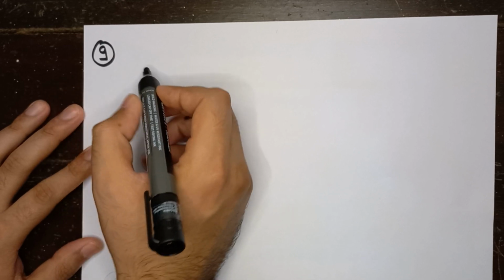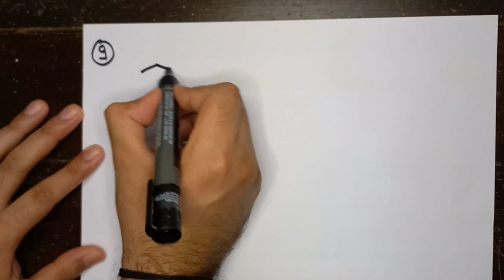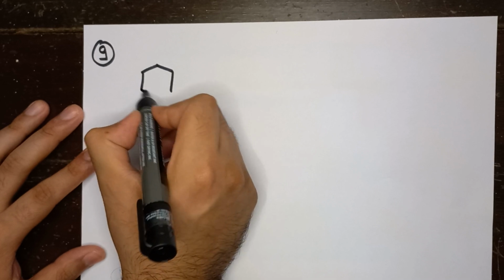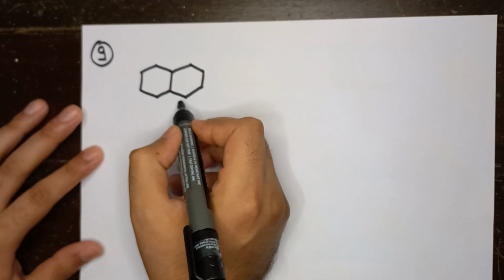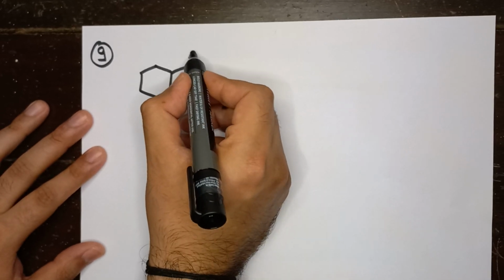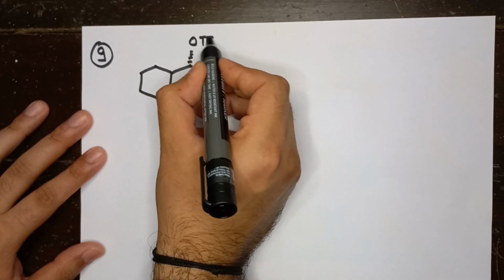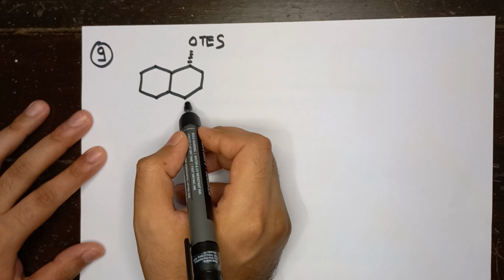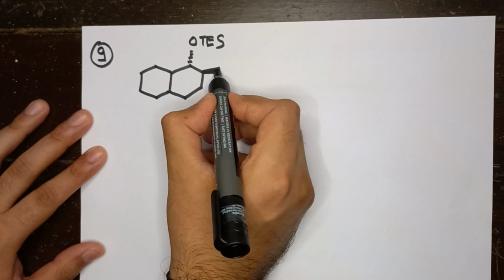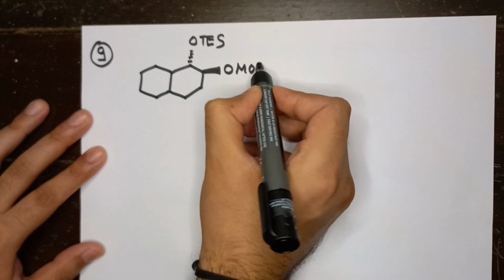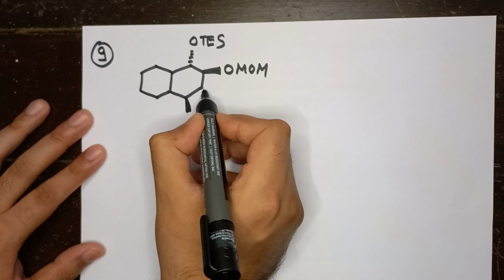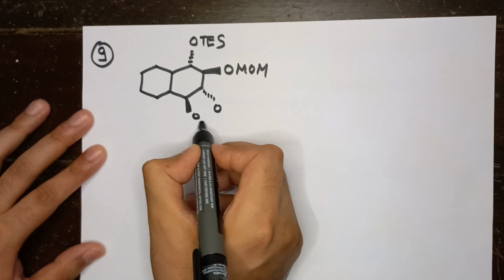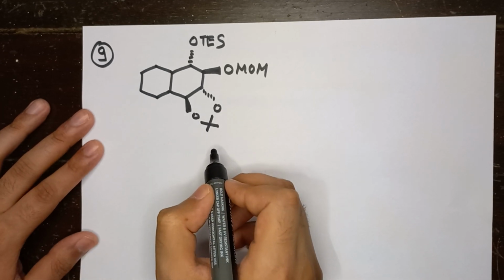Okay, so for the ninth problem, we have so many functional groups this time. We have an OTES group, we have an OMOM group, we also have protected alcohols.